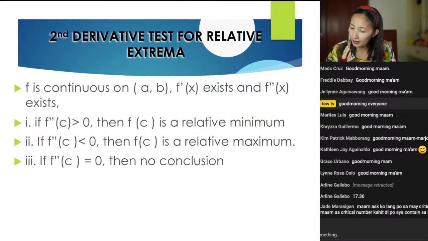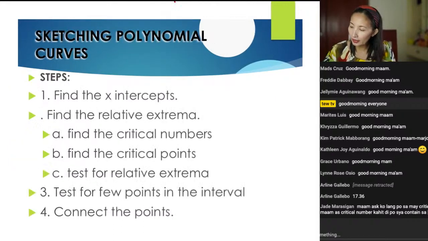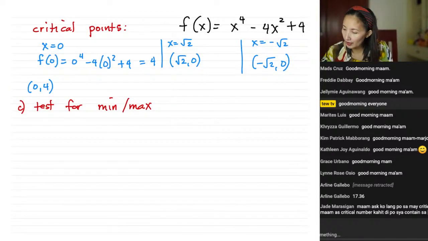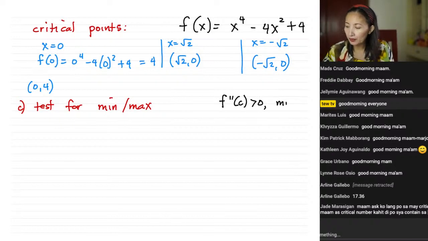Once more, the second derivative test says this. If f double prime of C is greater than 0 or positive, it's a min. If f double prime of C is less than 0, it's a max.